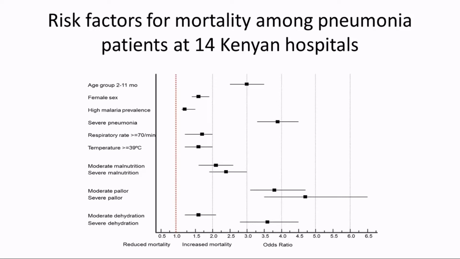And so in this slide, you can see numerous clinical characteristics define increased risk of death.